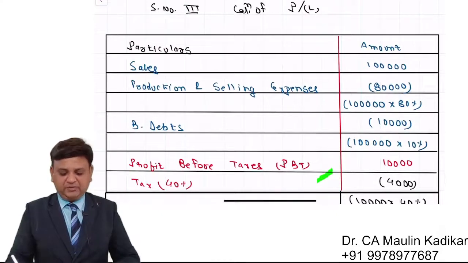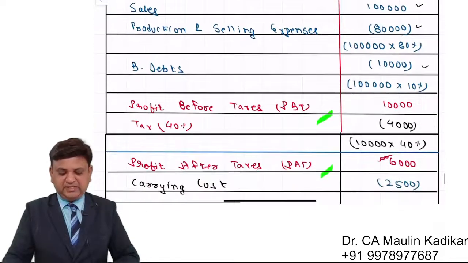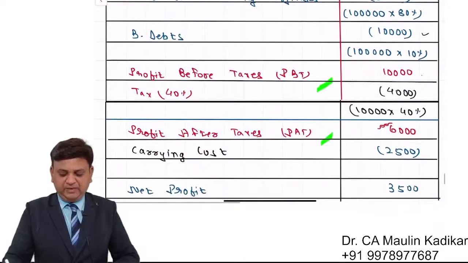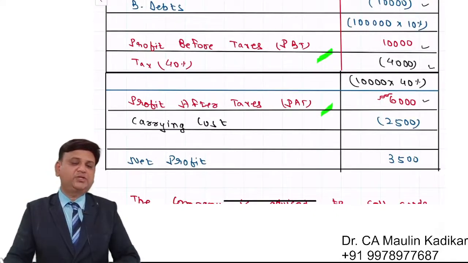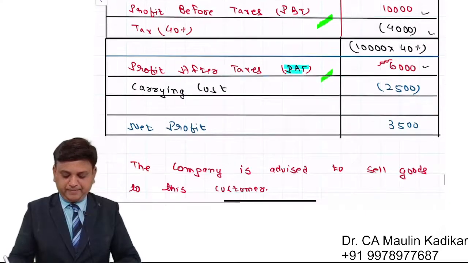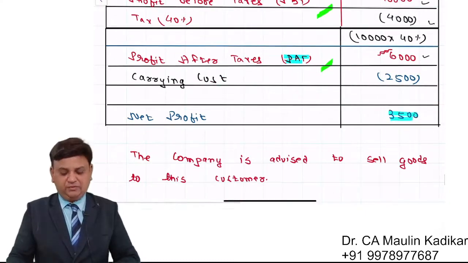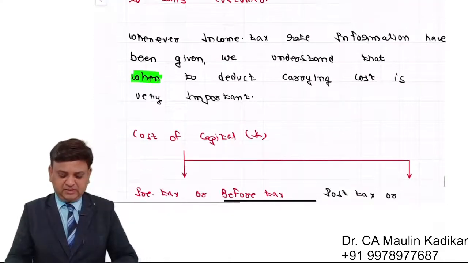Next is a simple calculation of the profit or loss on selling goods to the customer. Sales will increase. Production and selling expenses, bad debts chances 10%, PBT minus tax, PAT. Importantly, the cost of capital is on an after tax basis. So carrying cost is deducted from PAT. That is the way the net profit is found. So the company is advised to sell goods to the customer.